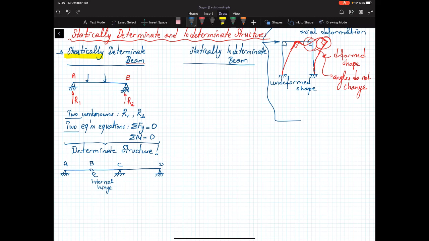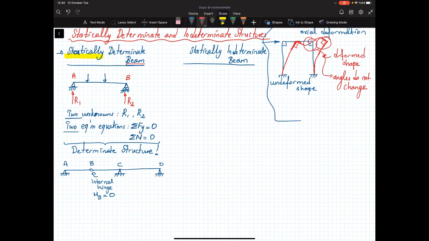So what is the main property of an internal hinge? It means that at point A, the moment must be equal to 0. Okay, it's not the sum of moments. At point A, B, the moment must be equal to 0.